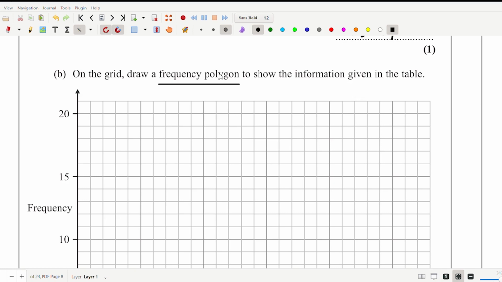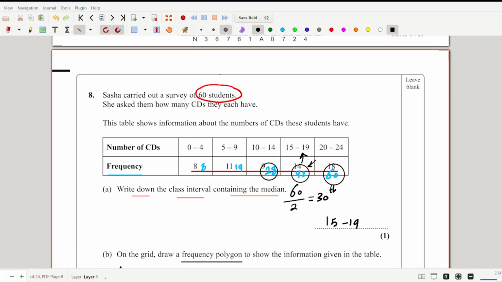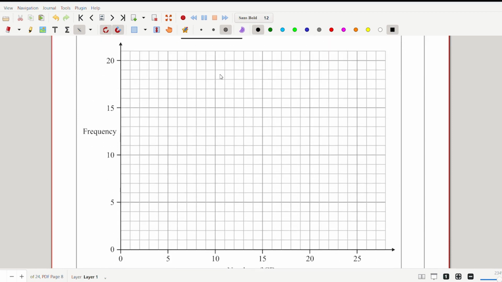So the midpoints will be 2, 7, 12, 17, 22. We have the points 2 and 8, 7 and 11, 12 and 9, 17 and 14, 22 and 18. When you want to draw it, be careful about the scale.